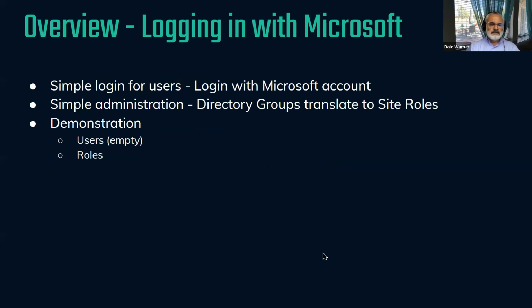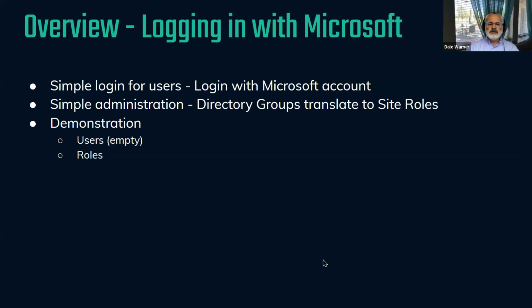So let's do the overview. Let's look at logging in with Microsoft, and we'll demonstrate it. The benefit is it's a simple login for users. They can use their Microsoft account that they already have, assuming you have Microsoft AD. With one click, they can log in, assuming they're already logged in to Microsoft. If they're not logged in with Microsoft, they'll have to do their login there, but it's the same user credentials that they always use, username and password or whatever you're configured with.